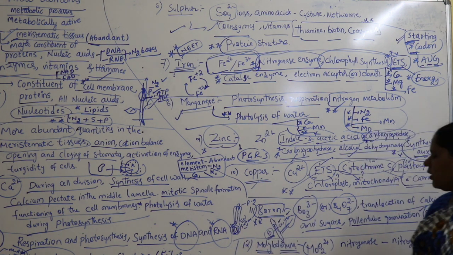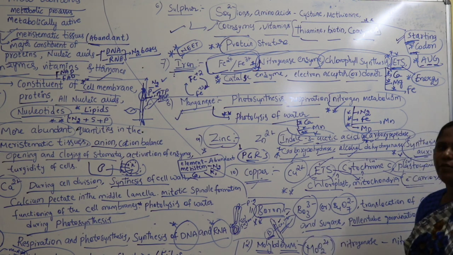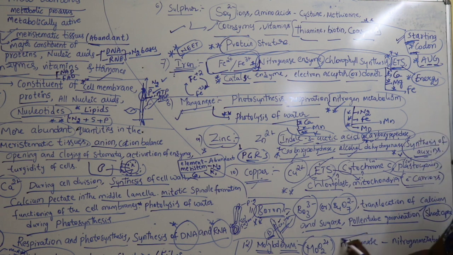Now coming to molybdenum. Molybdenum is absorbed in the dioxide form, that is molybdenum dioxide, and this plays a very important role in activation of nitrogenase, that is in nitrogen metabolism. Nitrogenase is present in prokaryotes. Which prokaryotes? Guys, in first year you studied about what?